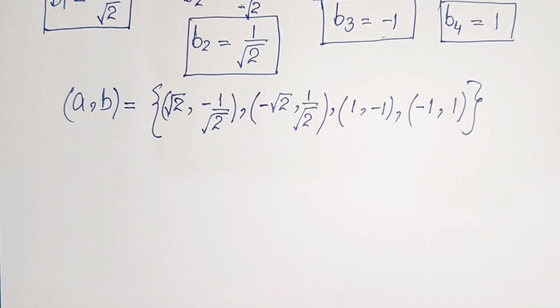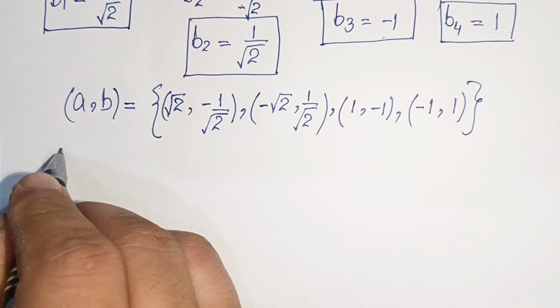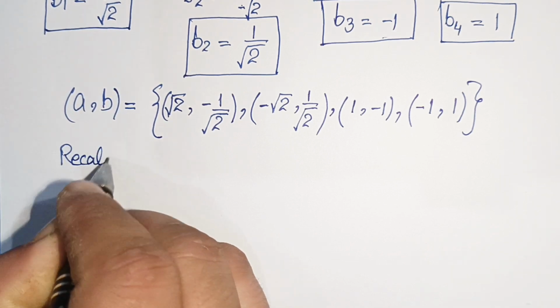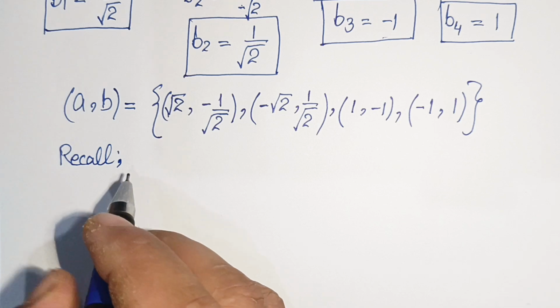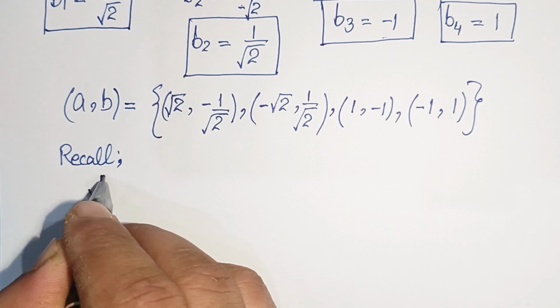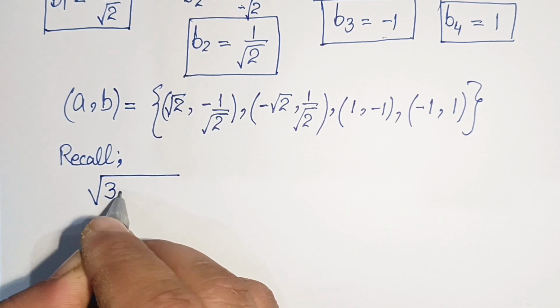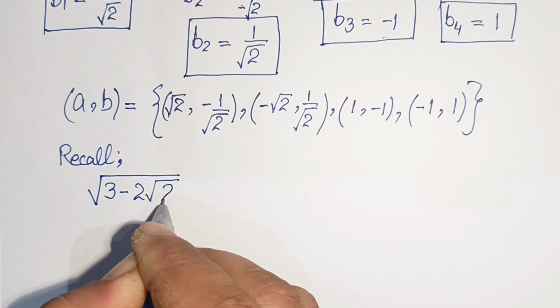Now, as we know, if we just recall our problem, it is the square root of 3 minus 2 times square root of 2.